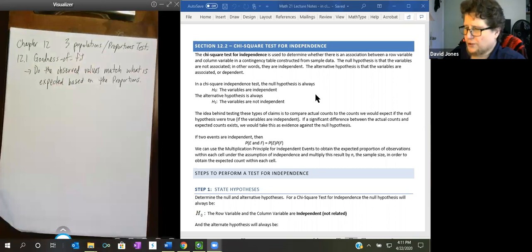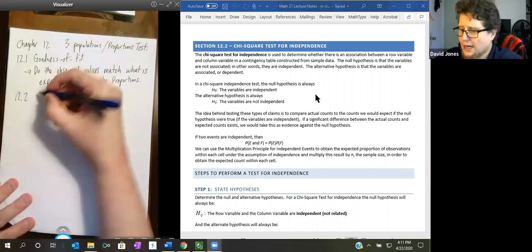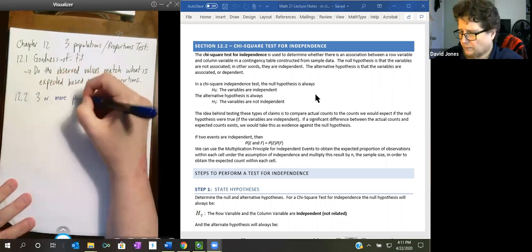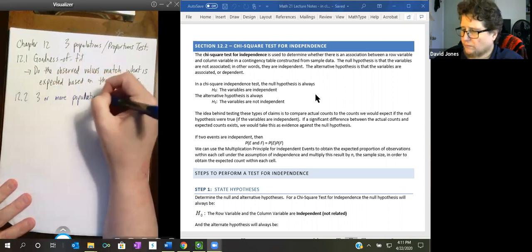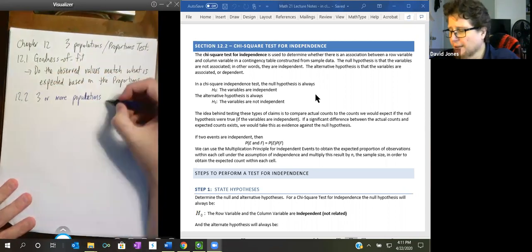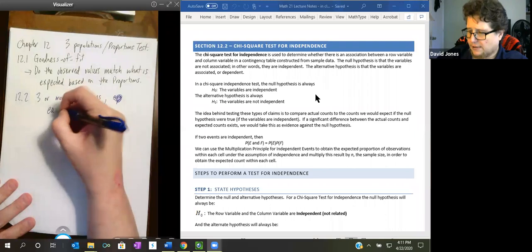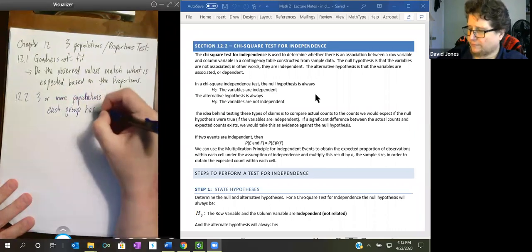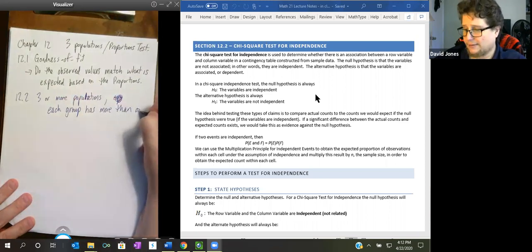And 12.2 does something a little bit different. 12.2 also has three or more populations, but within each population, each group has more than one setting, or more than one tier, more than one category.